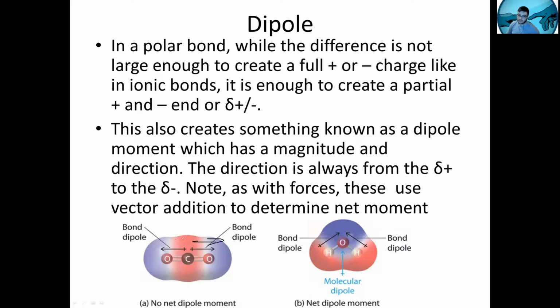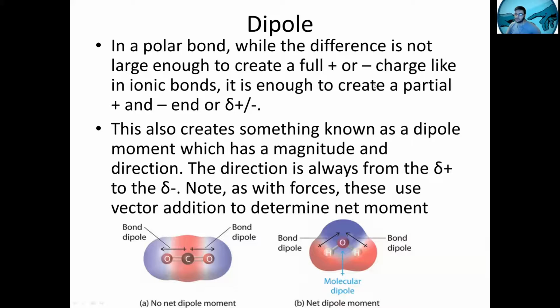This one goes this way, this one goes the other way, equal magnitude, opposite direction, so they cancel out and there's no moment. Whereas with water, it goes from the hydrogen to the oxygen, so it goes this way and this way. The left and right cancel out, so it's just up plus up, and the net dipole moment is just up. Okay.